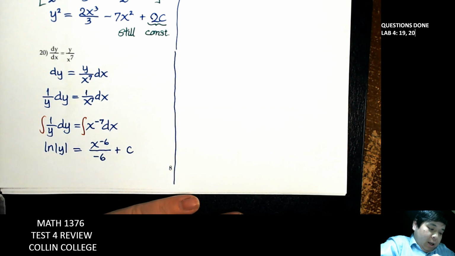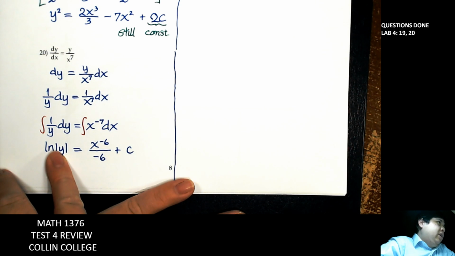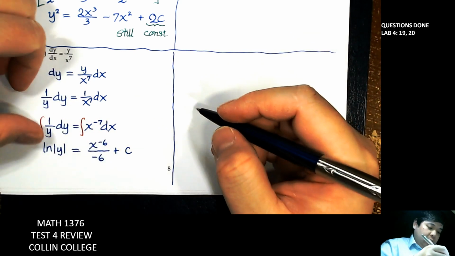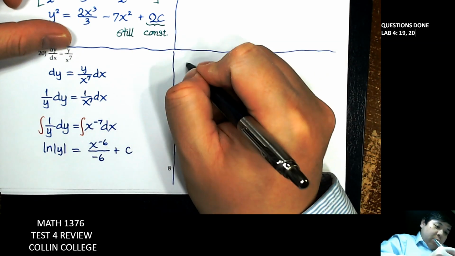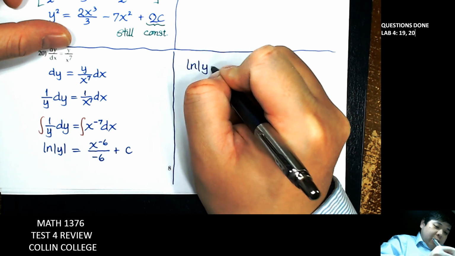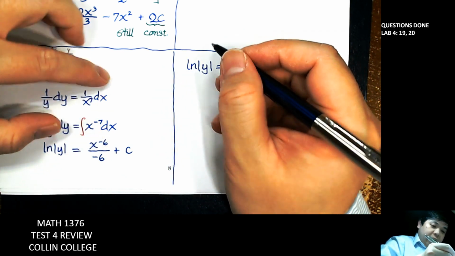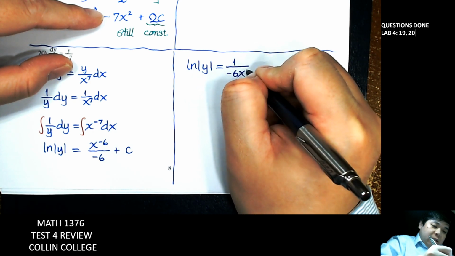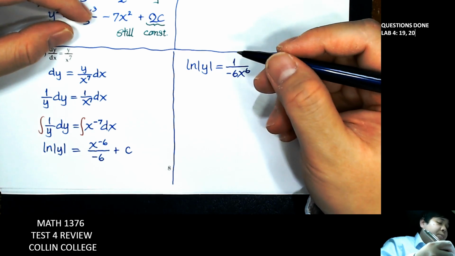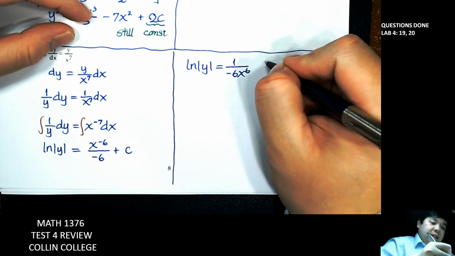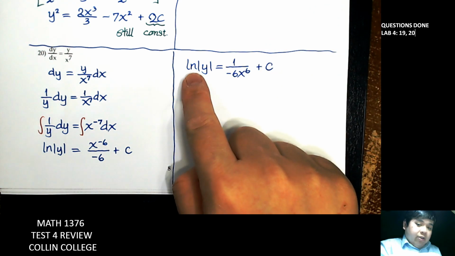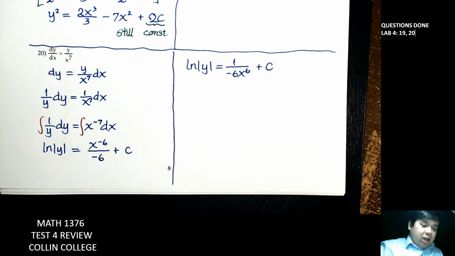Right. Next we try to get rid of the ln and the absolute values. So let's rewrite that. And x to the -6, bring it down, it becomes -1 over 6 x to the 6. It's better that way. Still plus a constant c. Next, if we want to get rid of the ln, we need to raise both sides as a power of e.